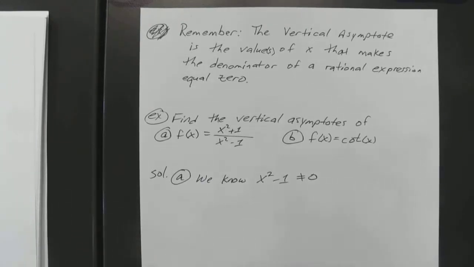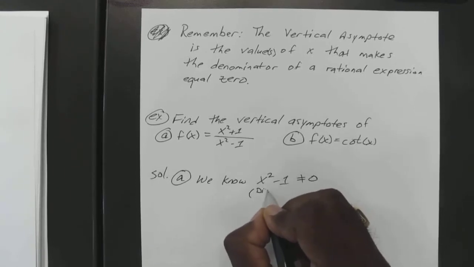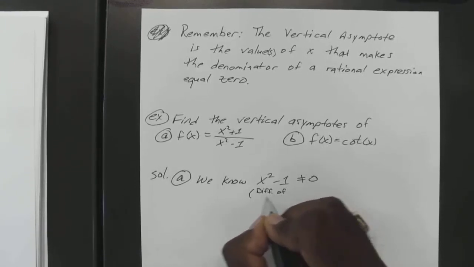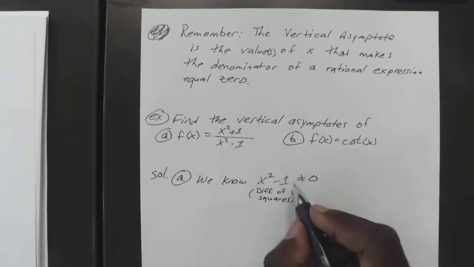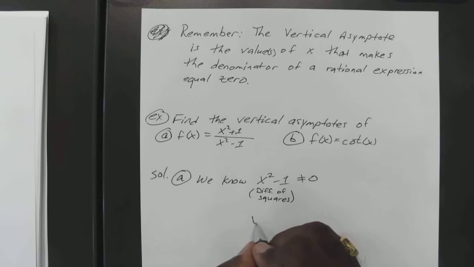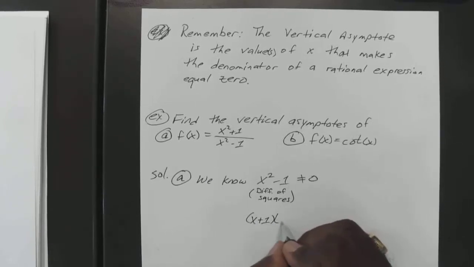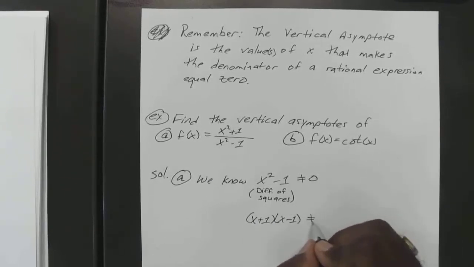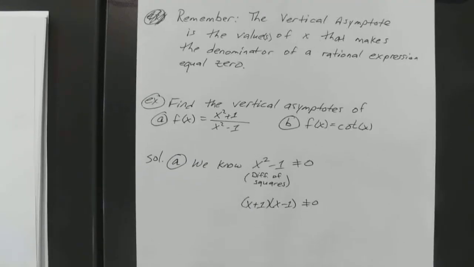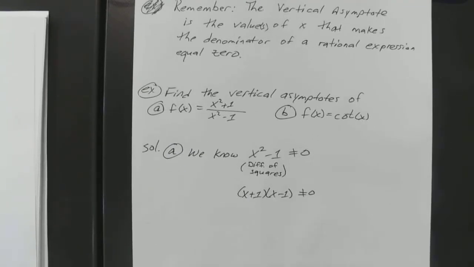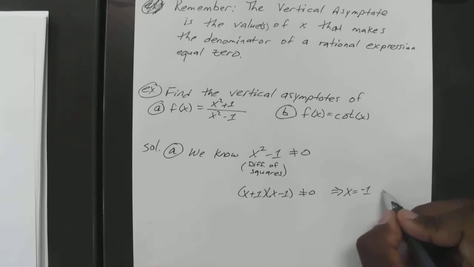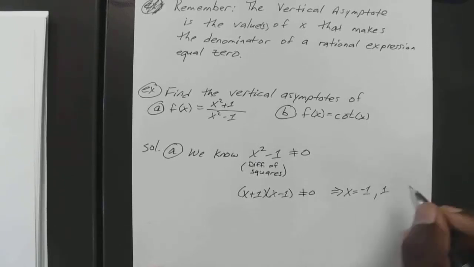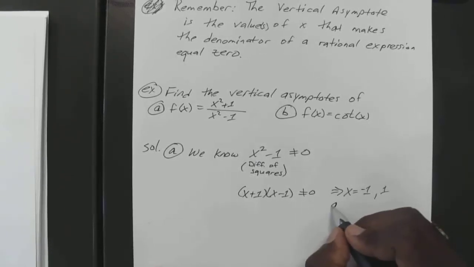So since this is the difference of squares, we can just factor that to x plus 1 times x minus 1 equals 0. Which means that x equals negative 1 and x equals 1 are your vertical asymptotes.